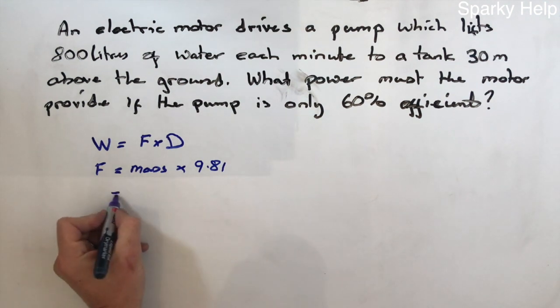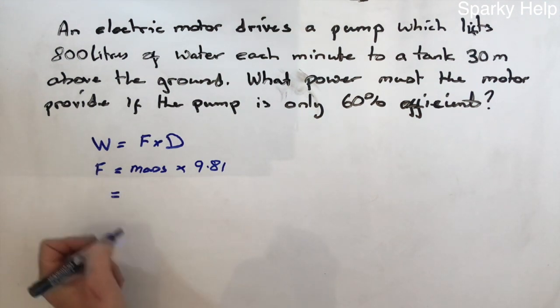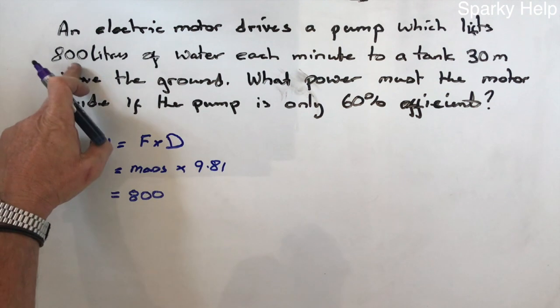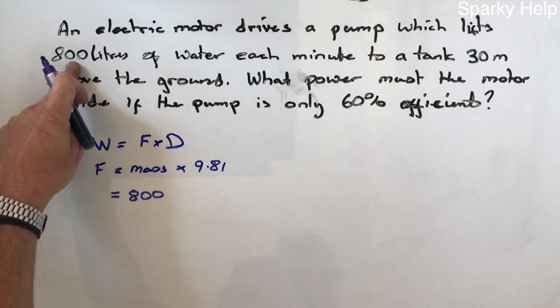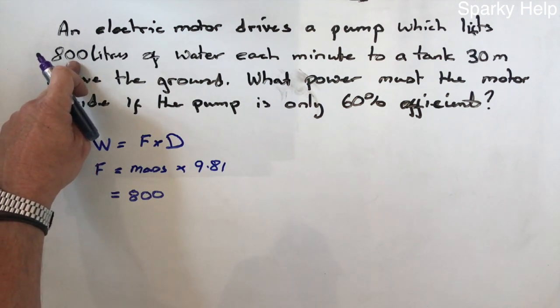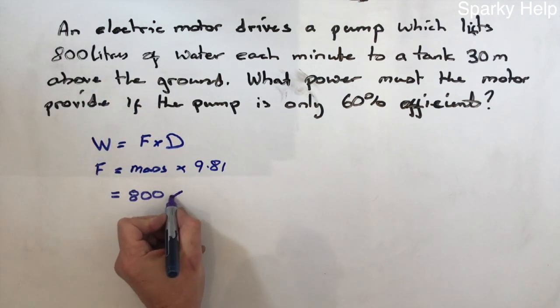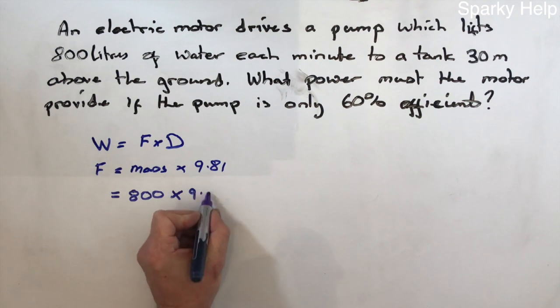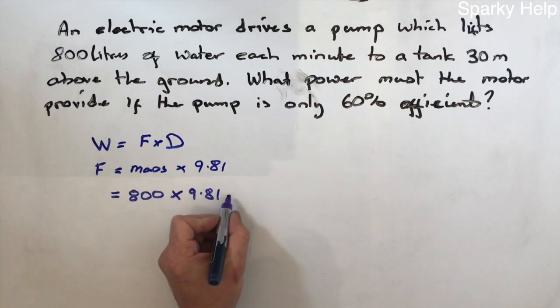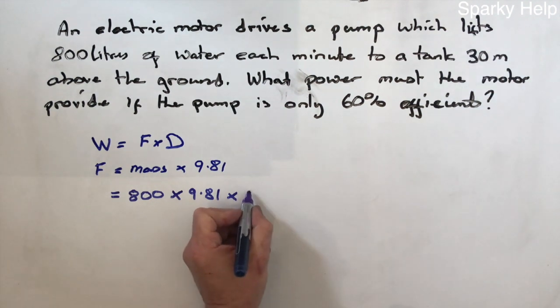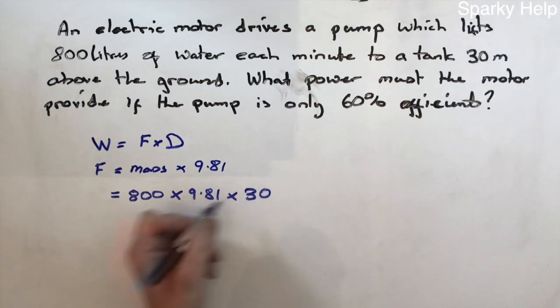So if we put that together to find the work done, it will be 800, because 1 litre of water equals 1 kilogram. So there's 800 kilograms of water times 9.81, which is the force of gravity, times the distance that it's going to raise up by.